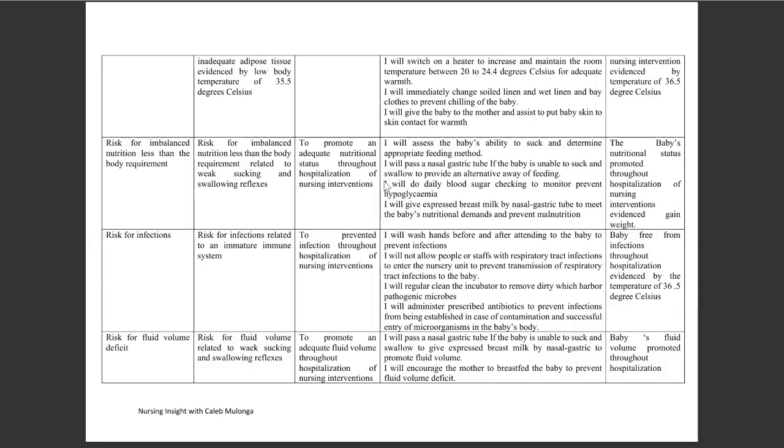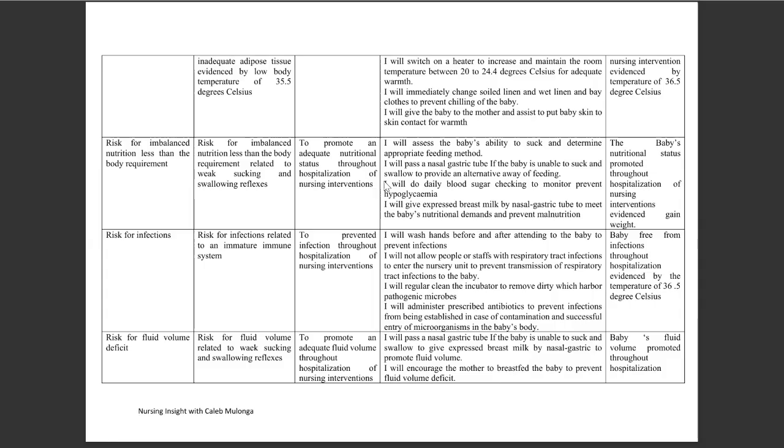Okay, we know that at this time they are only allowed to have milk. So that is our problem, risk for fluid volume deficit. Our nursing diagnosis: risk for fluid volume deficit due to weak sucking and swallowing reflexes.